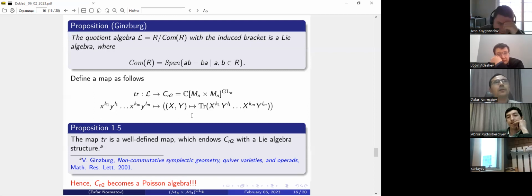For example, for the case 2, X has A1, A2 in the diagonal. Y has B1, B2 in the diagonal.